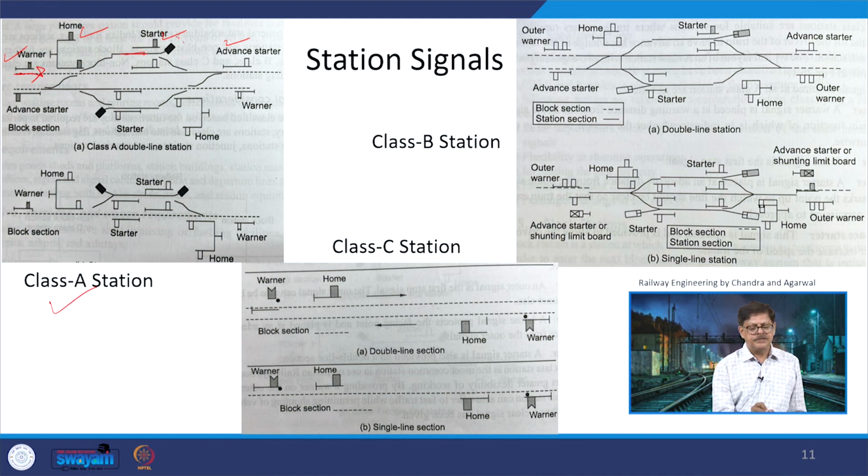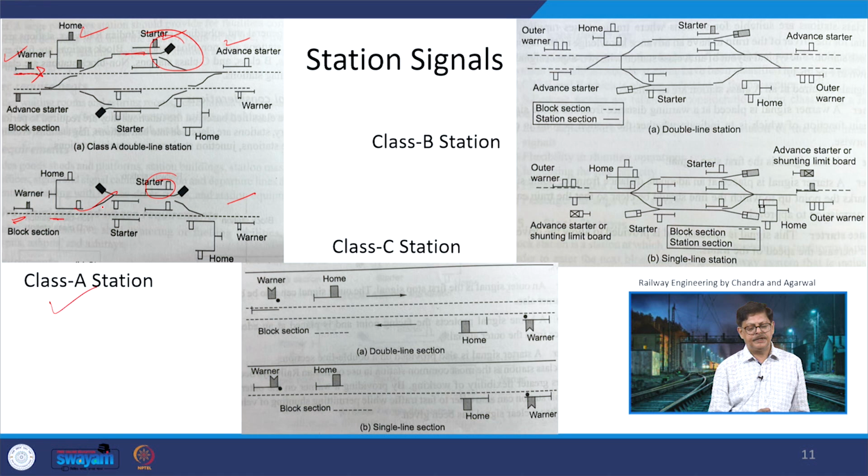Here again, as you can see, the isolation conditions are also being shown. So this is a case of a double line system. In a single line system, for that there is a warner and then home, then it is defining whether it is going to be taken on the main line or on the loop line, and in that loop line again the starter signal is being provided here.